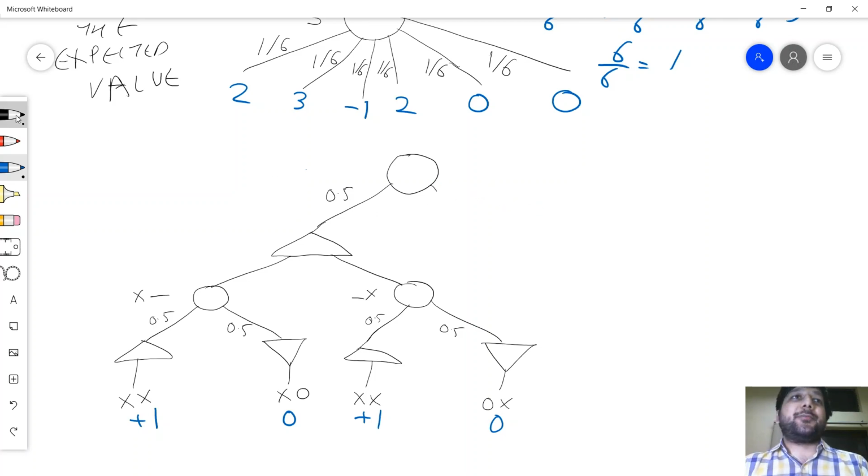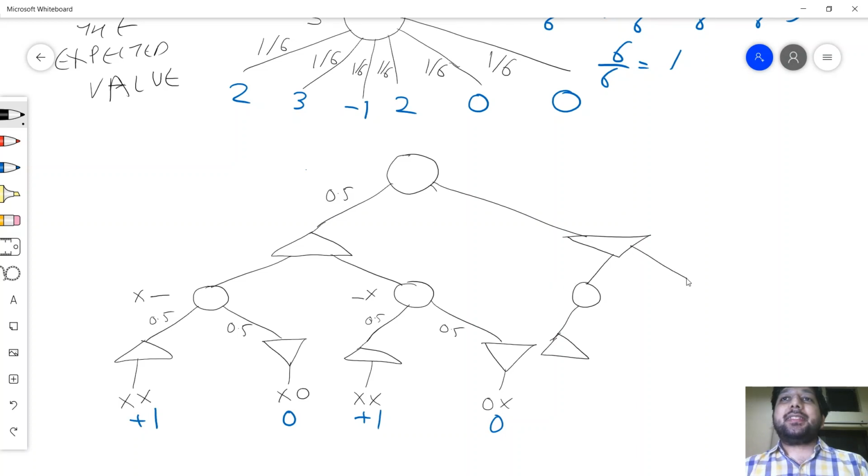So in this case, what happens is Min has won the toss, so Min gets to move. So a chance node, a head, Max gets to move. I'm talking about the two options with Min. So here Max gets to move, and if Max gets to move, it puts an OX.